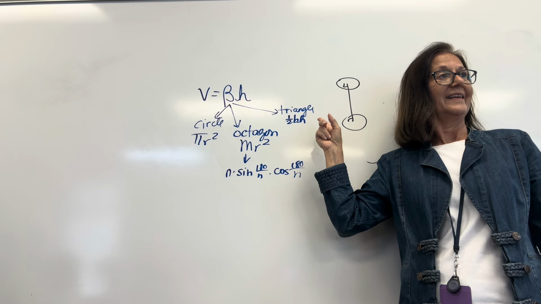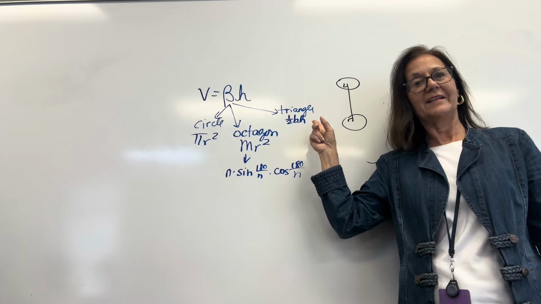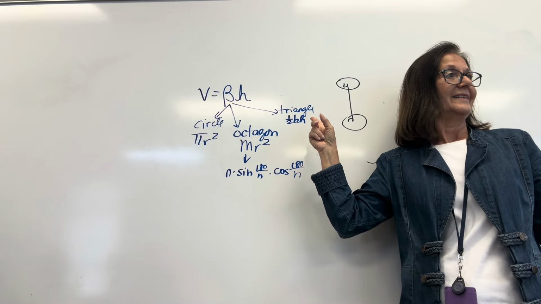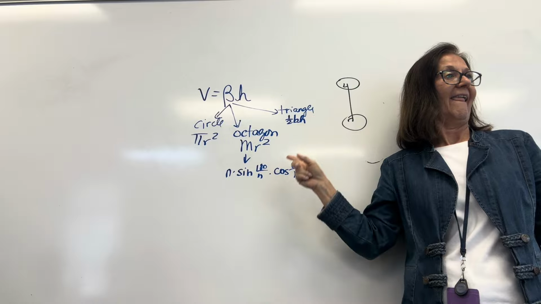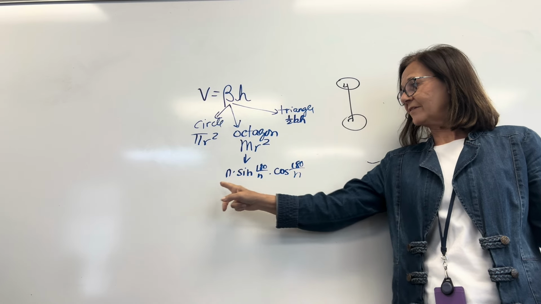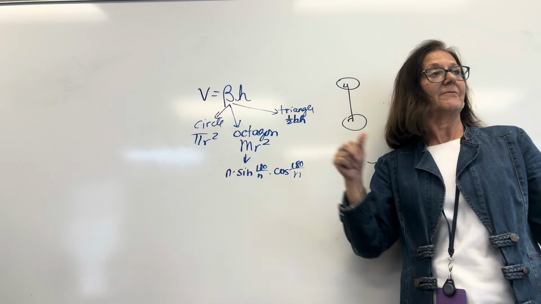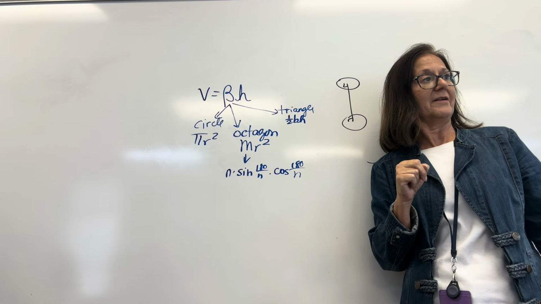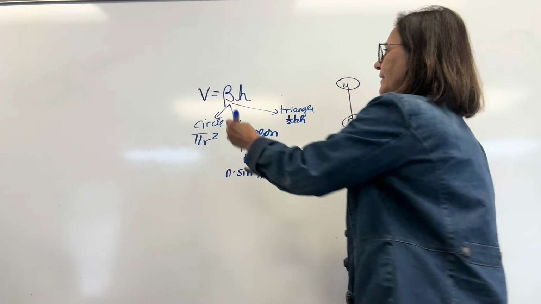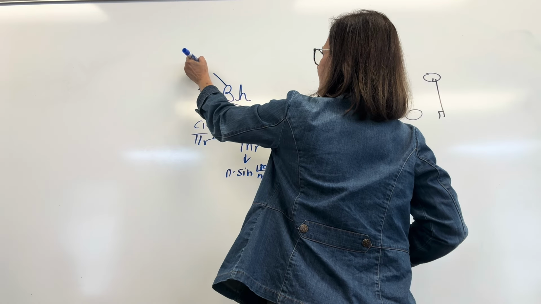Yes, you could. But that's not like the cosine of 180 over 3. You'd have to know the radius squared. Right? You could. Okay, what if the base were a square?